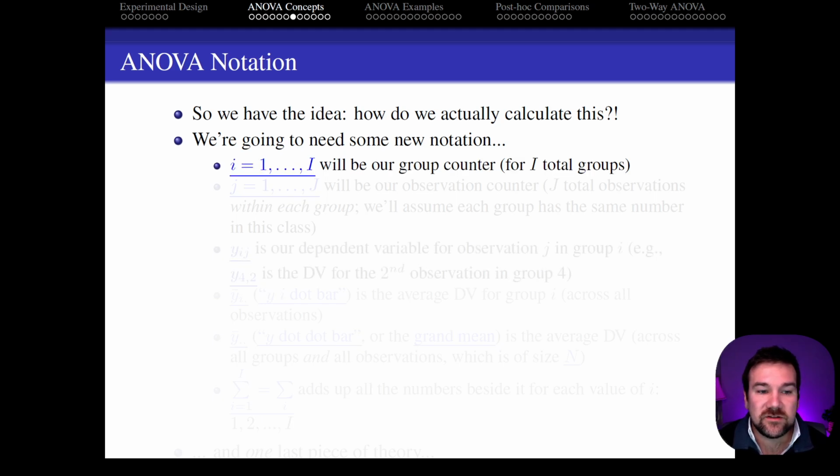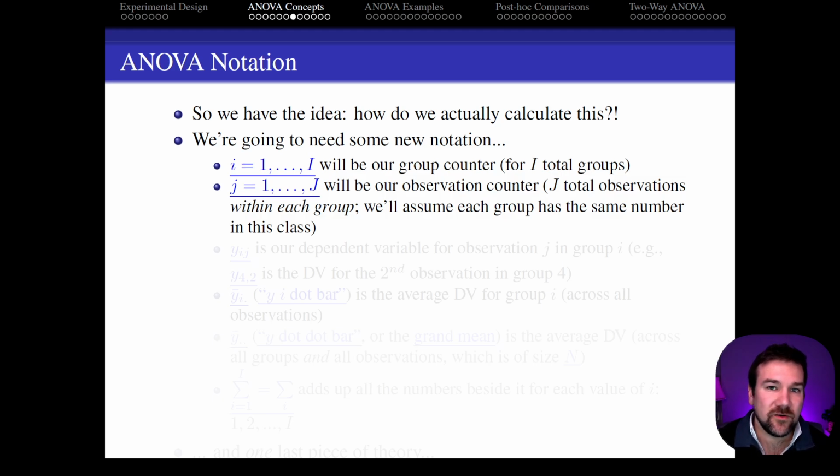The first notation is i, which previously represented the person in the sample. So i equals 10 represented person 10. In this notation for ANOVA, i is going to represent the group counter. So i of 3 will mean group 3. i will go from 1 to capital I, and capital I will be the total number of groups that we have.